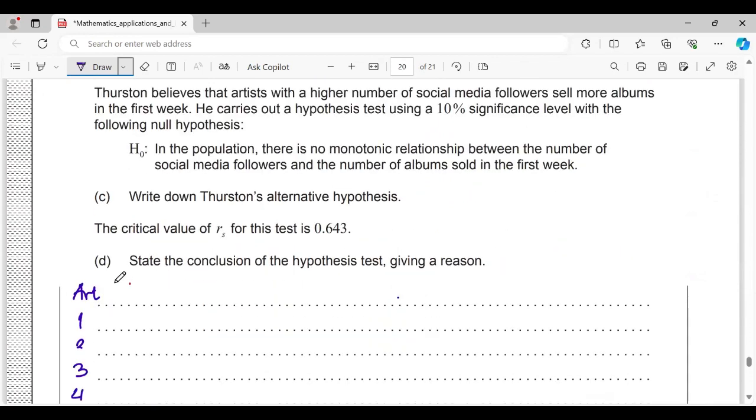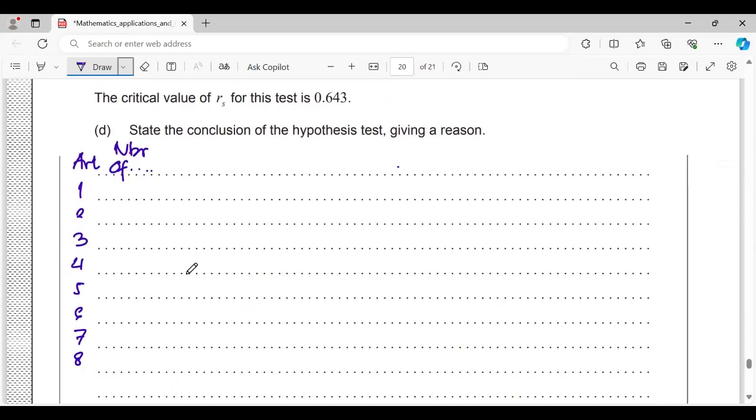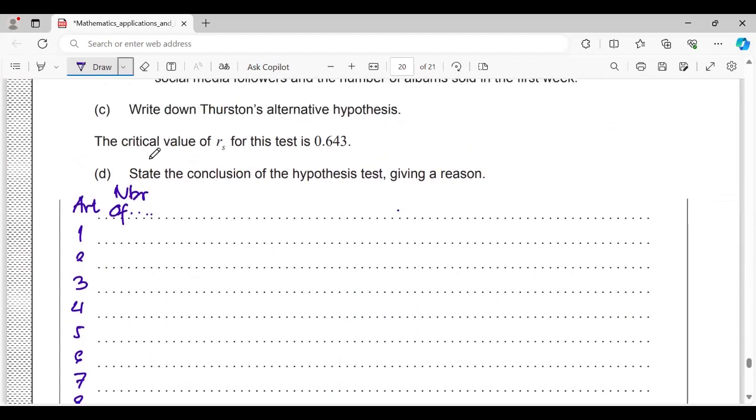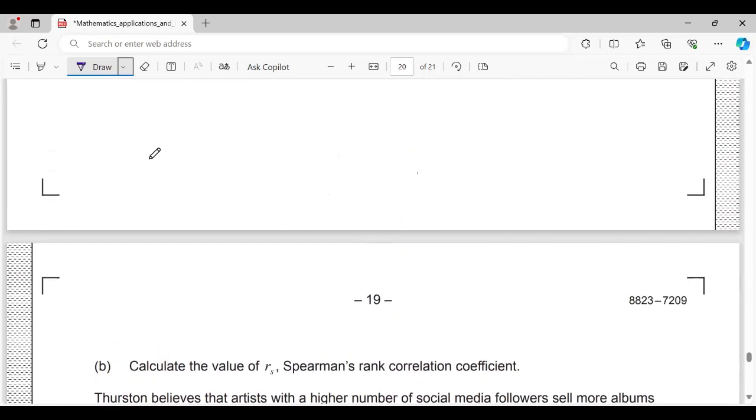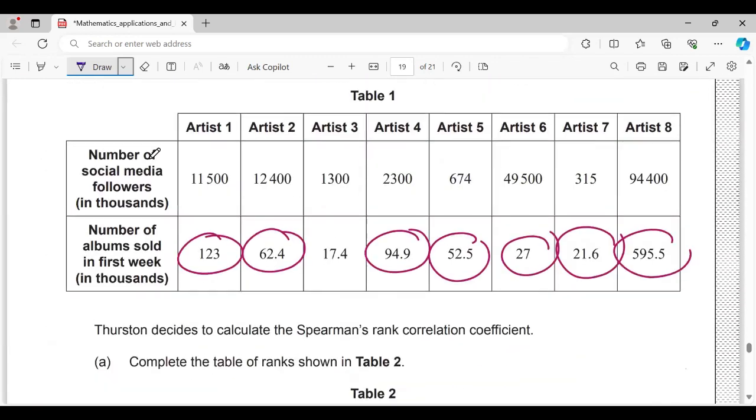You can do this on your paper or in your book.